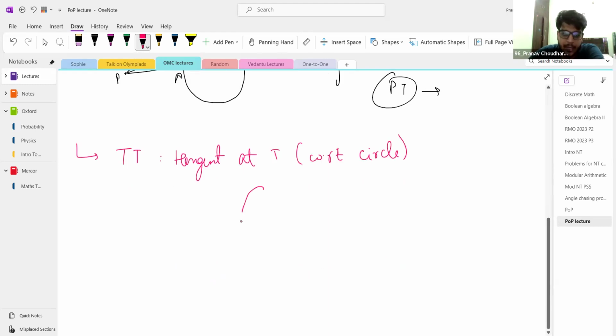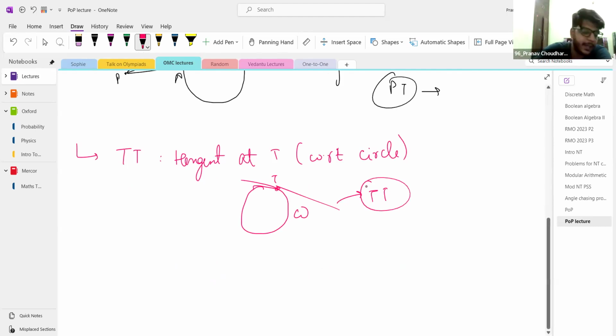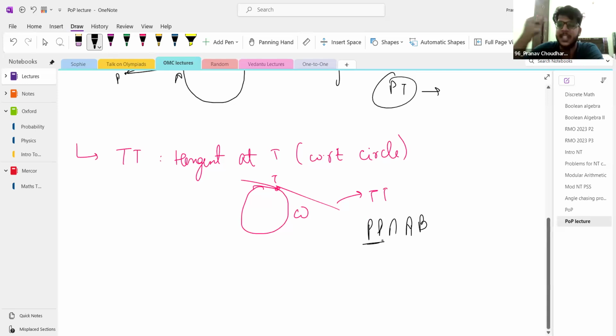If I'm talking about circle omega and I say that T is some random point on omega and consider the line TT, it just means the tangent at T. This is used very often. Sometimes you'll use theorems where you have to consider PP intersect AB. What does PP really mean here? It just means the tangent at P intersection with line AB. So this is a nice thing that you should care about.